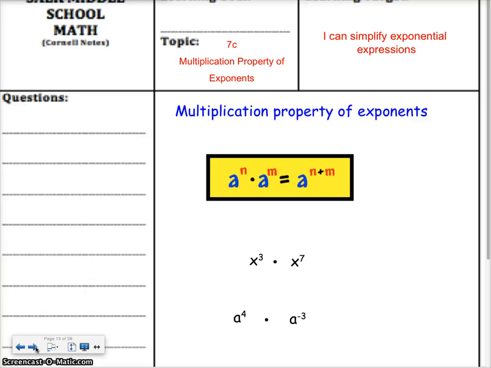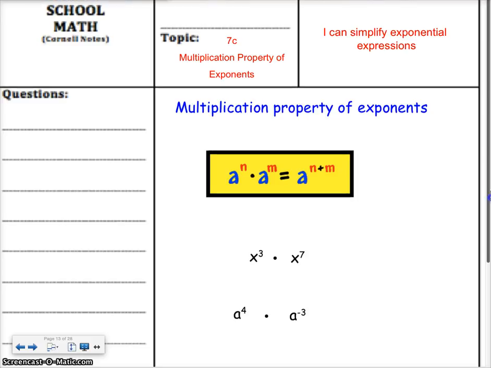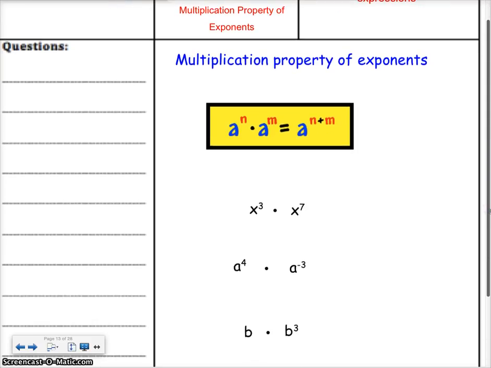It's called the multiplication property of exponents. We say this as a to the n times a to the m is equal to a to the n plus m. That's fun to say. A to the n times a to the m is equal to a to the n plus m.